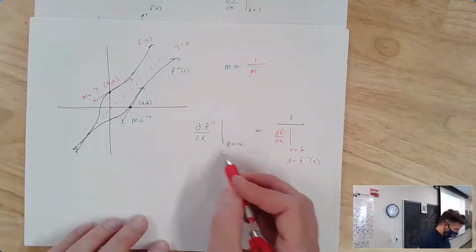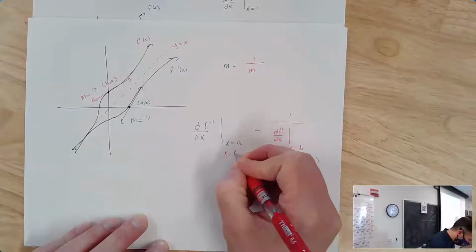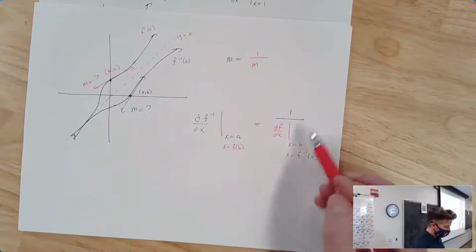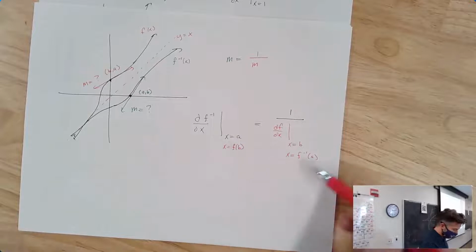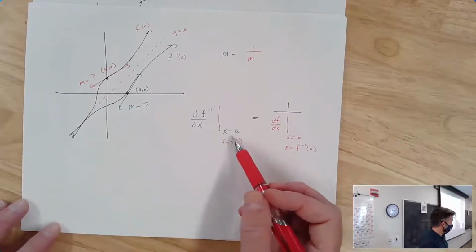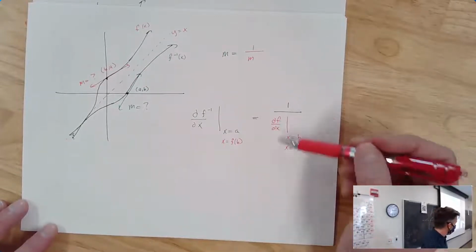Someone might even write this as X equal to F of B. The whole point is that wherever you're evaluating this, it's the inverse value of this. So if you're trying to evaluate the derivative at X equal to whatever, you should be having the inverse value over here.